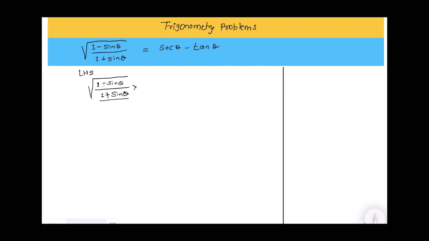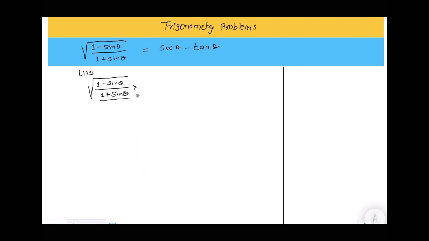To eliminate the square root, we need to rationalize this. To do this, let's multiply both the numerator and denominator by conjugate of denominator. What is denominator? 1 plus sine theta. So, conjugate of denominator is 1 minus sine theta.